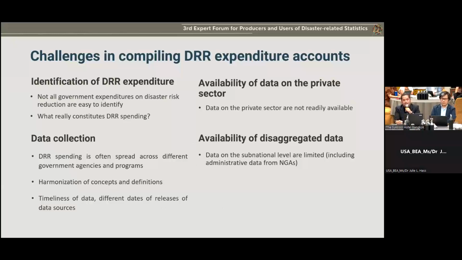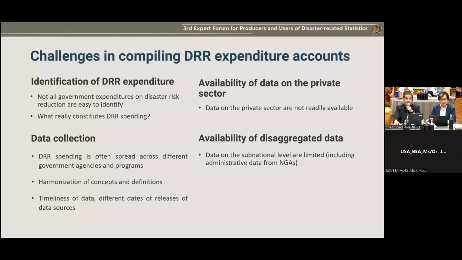For instance, some government expenditures on disaster risk reduction are hidden within other budget categories, such as under social development or infrastructures. One specific example under infrastructures would be, for instance, a building would have fireproofing materials, firewalls, earthquake proofing as well.